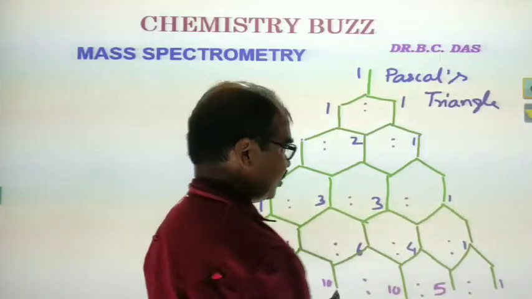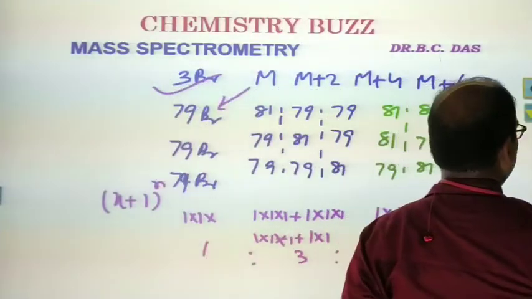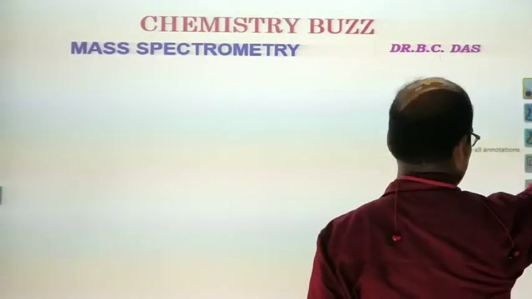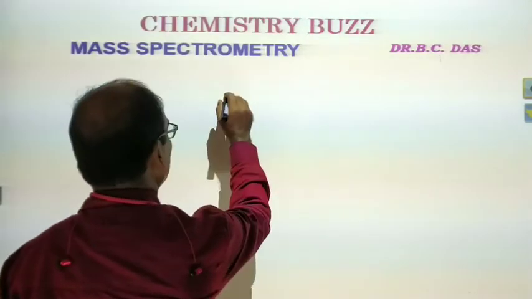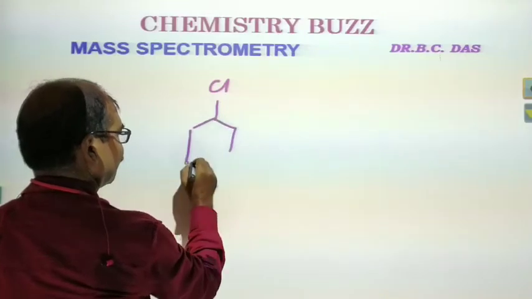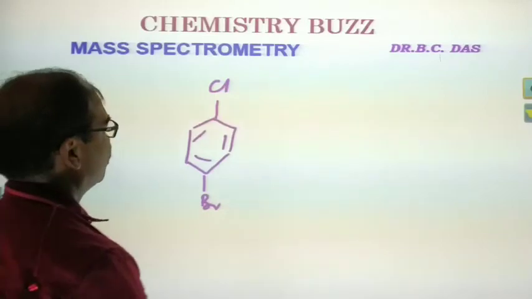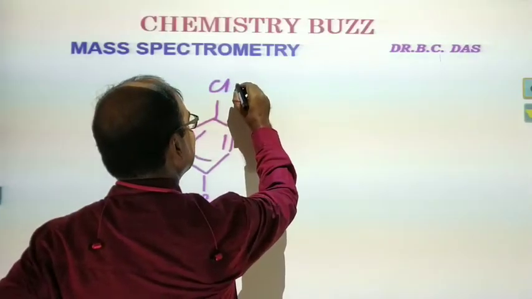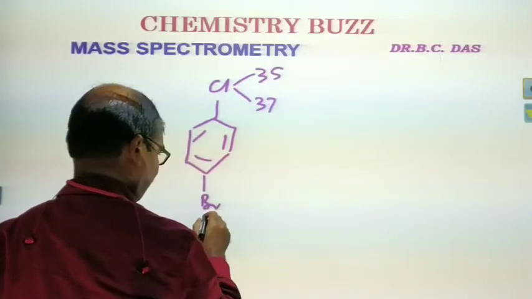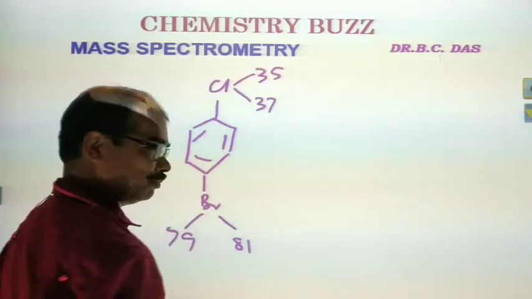Now let us consider if the compound contains one chlorine atom and one bromine atom, what will happen? One chlorine atom and one bromine atom, Cl and Br here. There is a probability that this is 35 and this is 37, or this is 79 and this is 81.